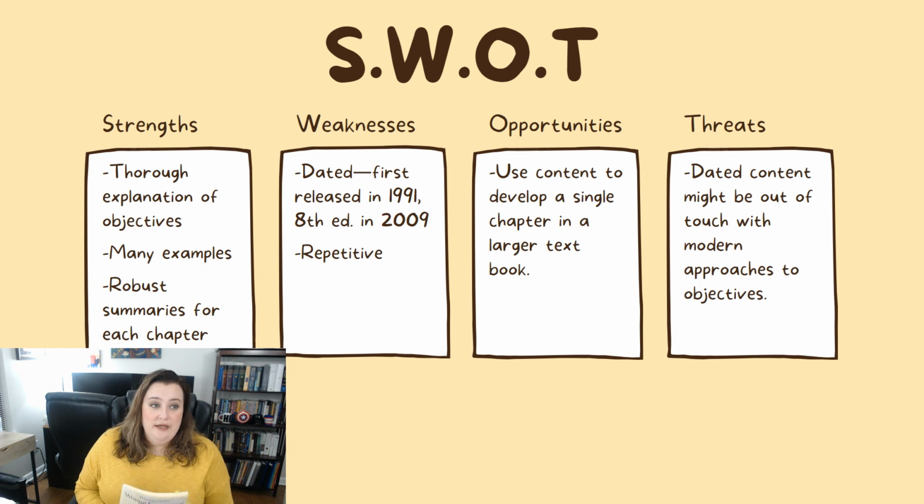First of all, strengths. This is a very, very thorough work on objectives. So if you are needing to grow in understanding learning objectives and/or are brand new to writing them, this is one of those books that you will go back to over and over again. It's very, very thorough. They have many examples.